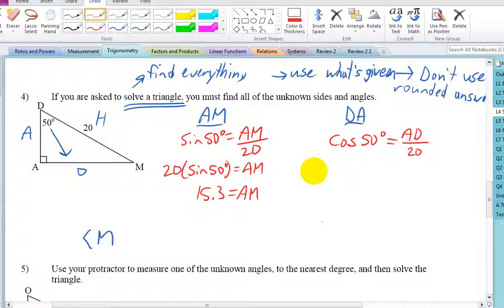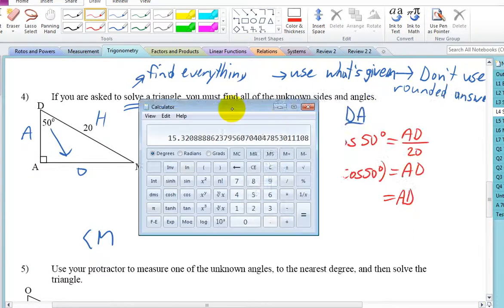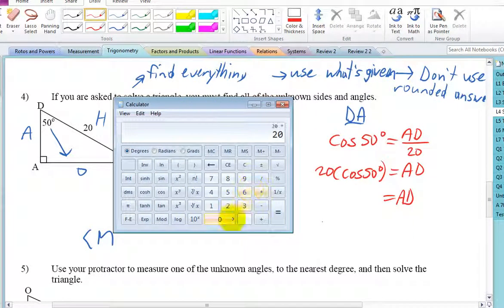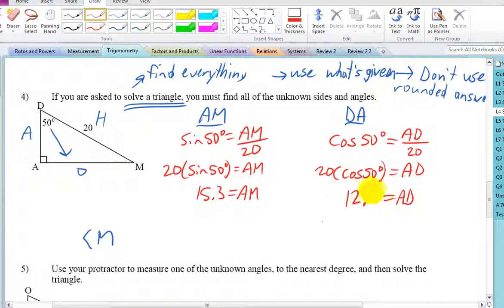So AD, DA is the same thing. 12.9, is that the right answer? Hands up, you got 12.9. Awesome.